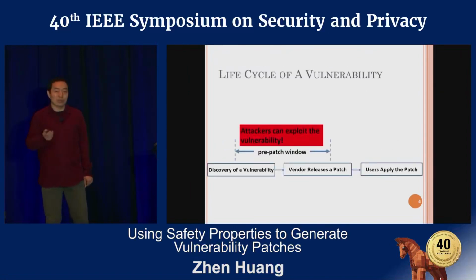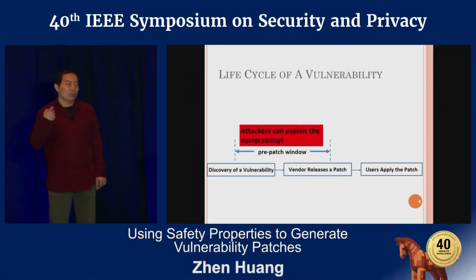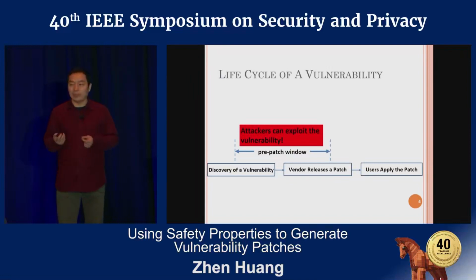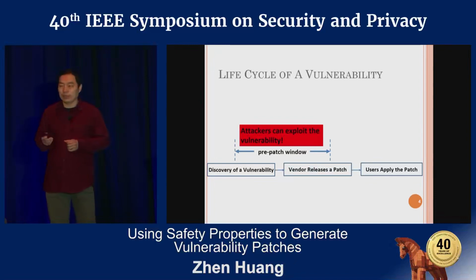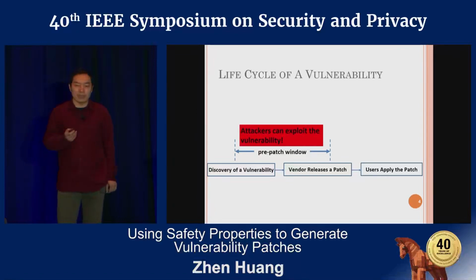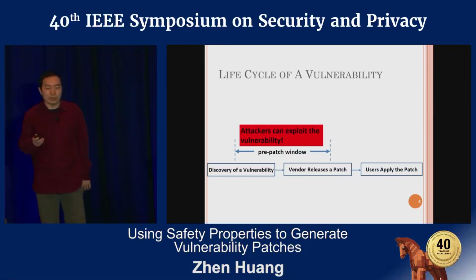When a software vulnerability is discovered, the software vendor will need to develop a patch and release the patch for the vulnerability, after which users can apply the patch to fix the vulnerability. Because releasing the patch takes time, there usually exists a window of time between the discovery of a vulnerability and the release of a patch, which is called a pre-patch window.